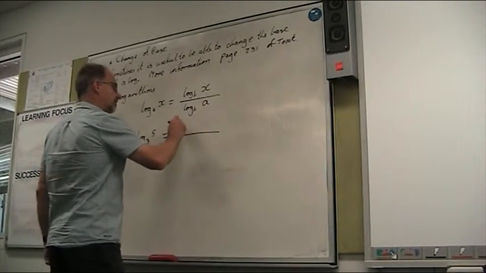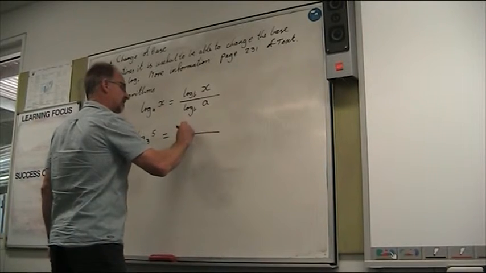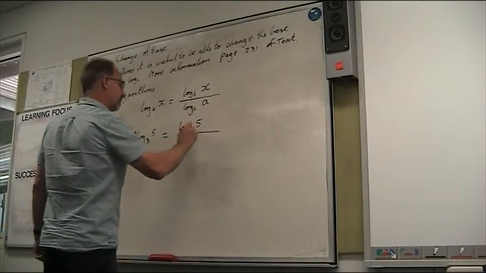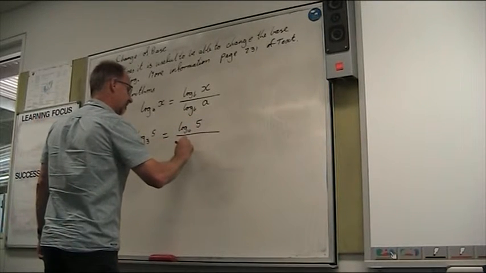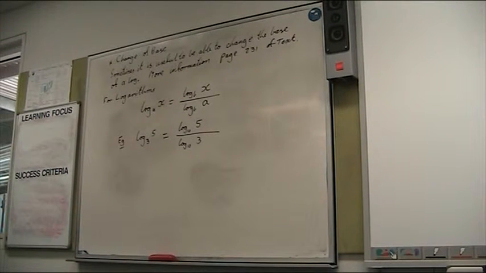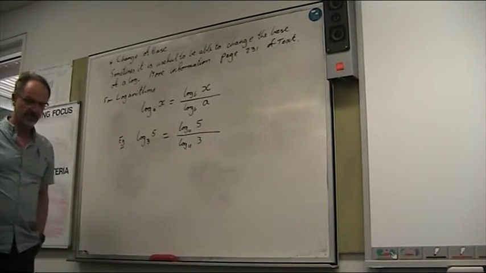You would choose log to the base 10 of 5, divided by log to the base 10 of 3, and whatever that works out on your calculator is what log to the base 3 of 5 would be.